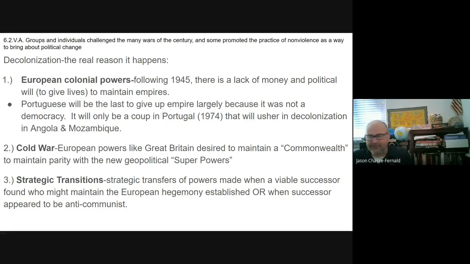The other reality of this too, if you want to throw the Cold War context into this as well, is that if you wanted to maintain an actual presence somewhere, you would need to get the political will at home to send your kids overseas, right? You would need to muster the economic means to do so, which also means that if you're in England or France, you need to get the United States on your side.